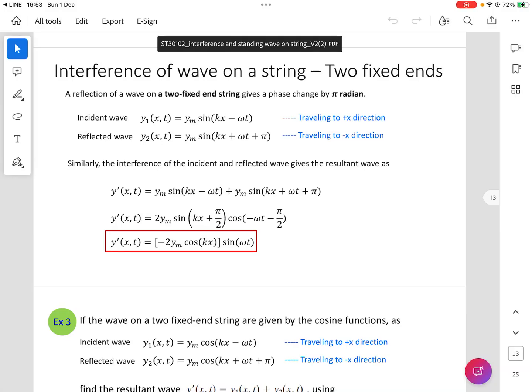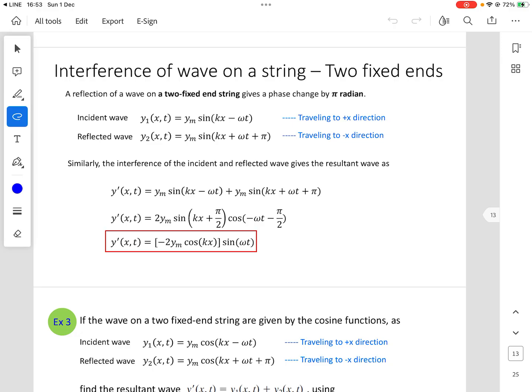All right, for the next case, the interference of a wave at a fixed end. In this case you have the incident wave the same as the previous case, moving in the positive x direction, and you get the reflected wave in the negative x direction, right?